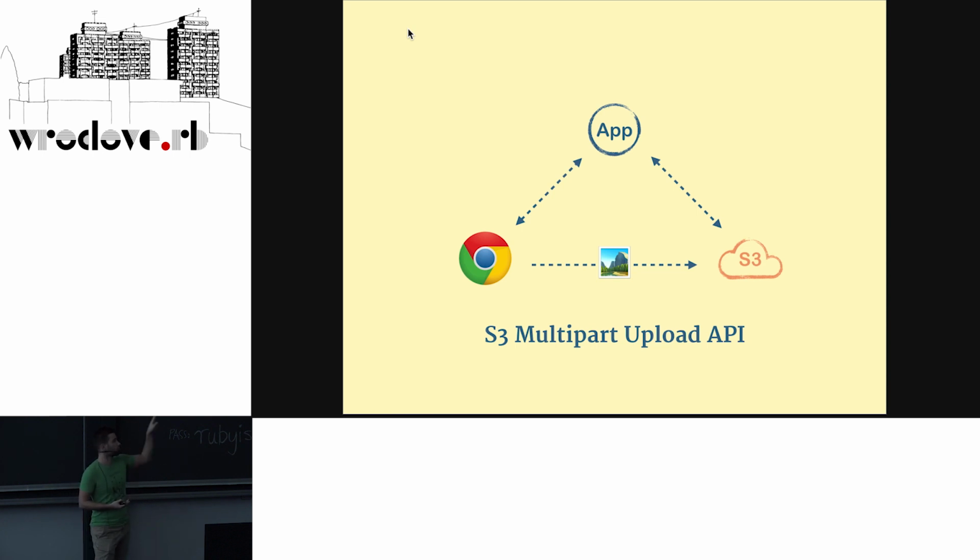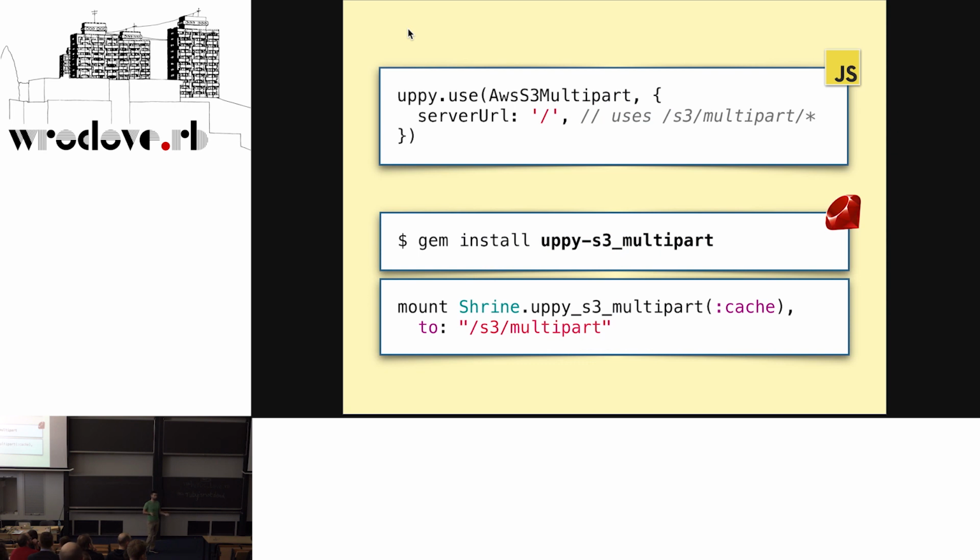It also needs some endpoints in your application, but the upload goes directly to the cloud service. Uppy provides a plugin that does that, and I also created a gem which implements the endpoints that this Uppy plugin needs.